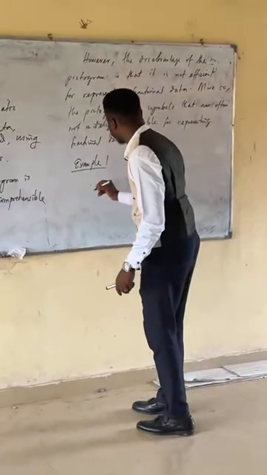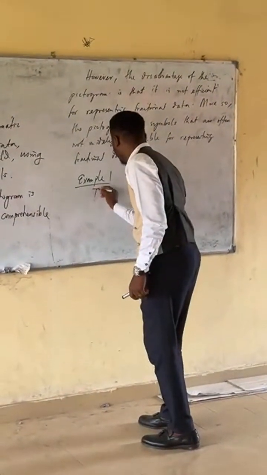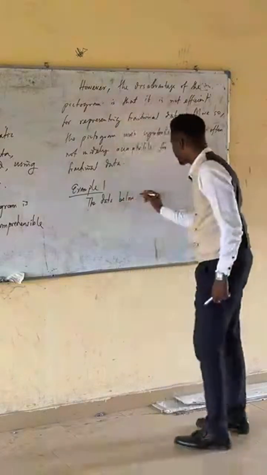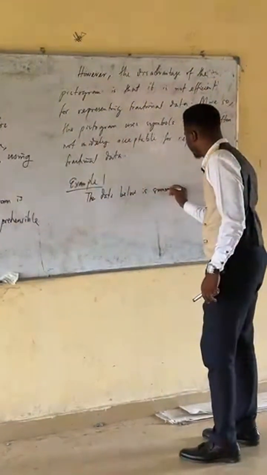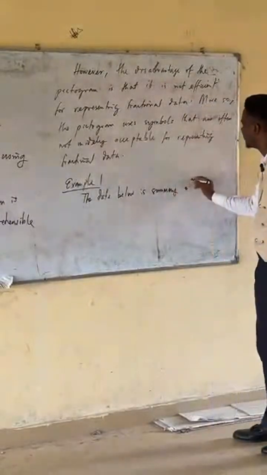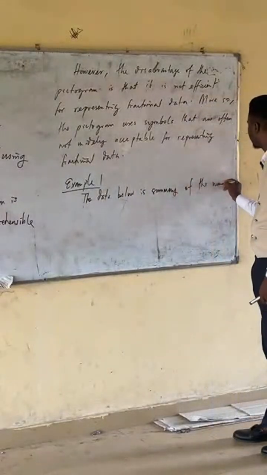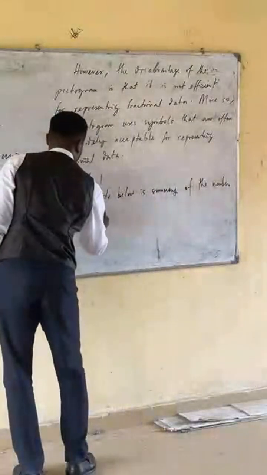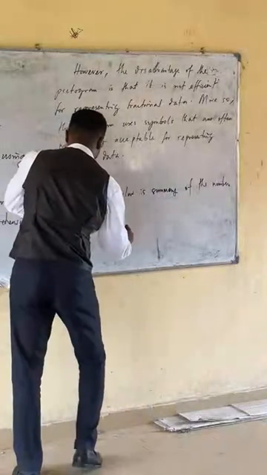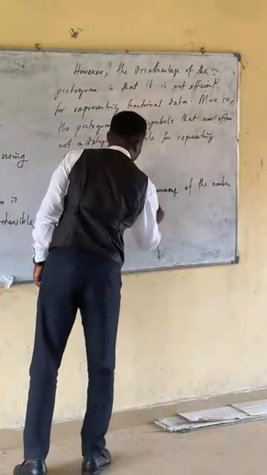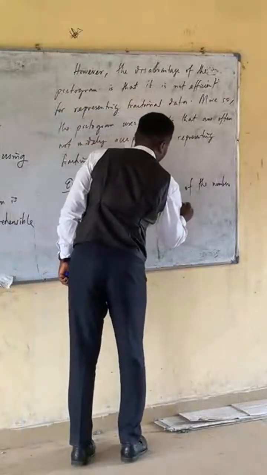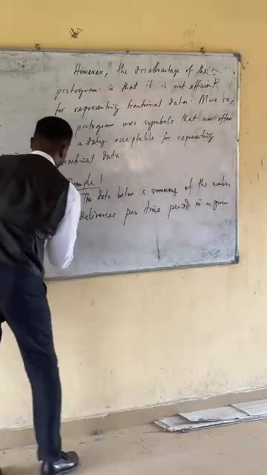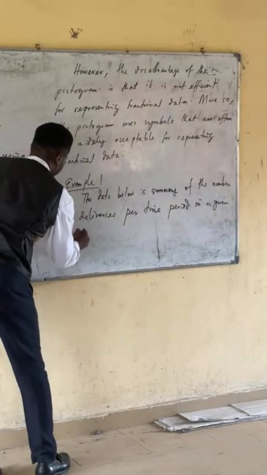So let's consider this example. The data below is a summary of the number of deliveries per time period in a given hospital ward.